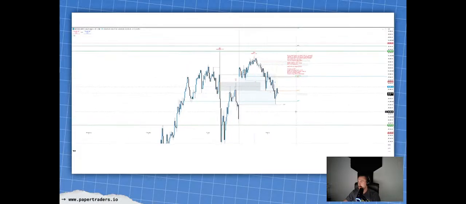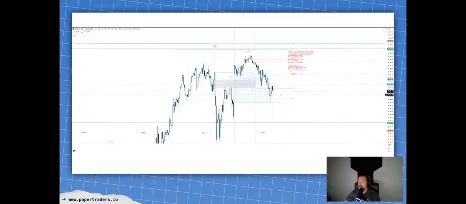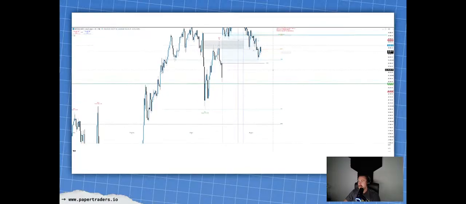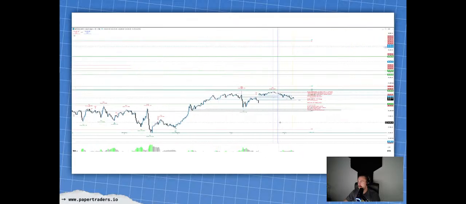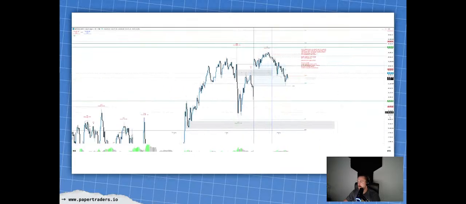On the 15-minute, there's really no fair value gaps. As you can see, price was just grinding down, which typically, if we see a grind down during that session, why did I just reset that?